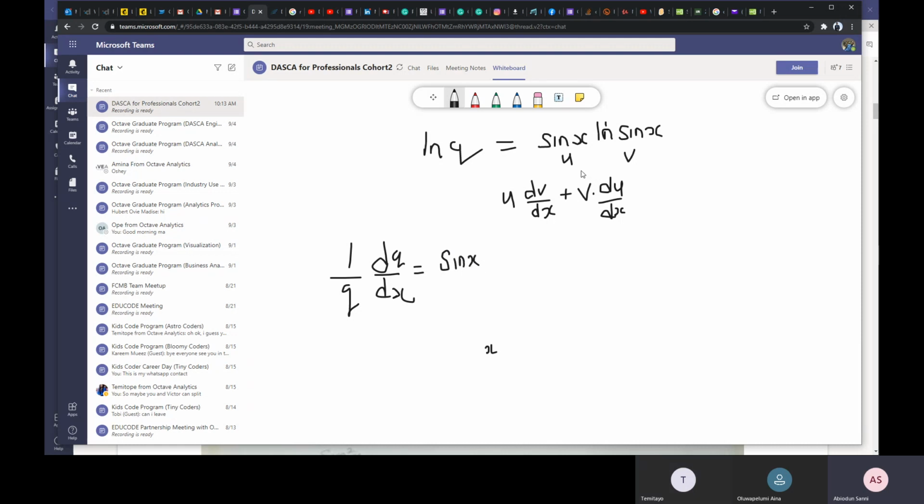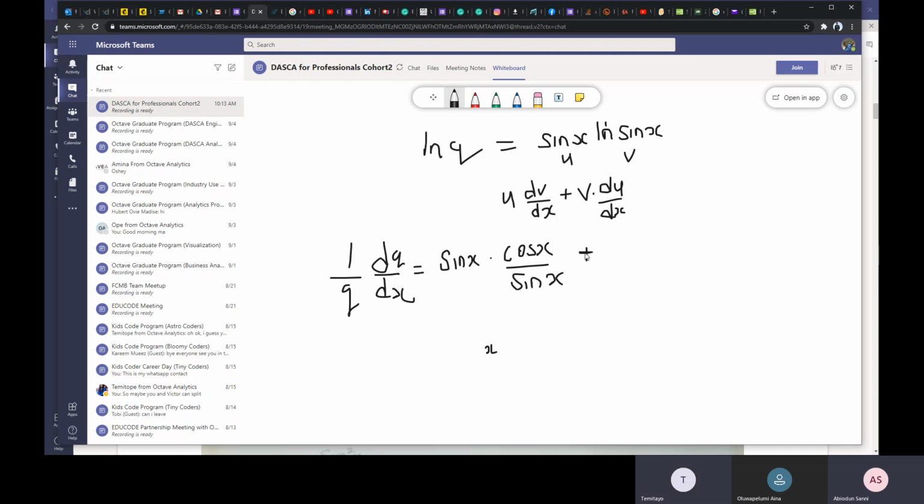So if I differentiate ln sin x, first of all differentiate the argument. If you differentiate sin x, you get cos x, all over the argument itself. That's how you differentiate ln.